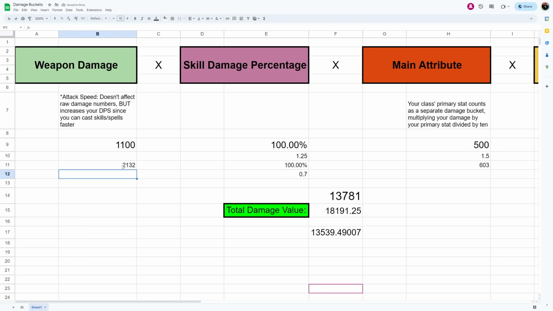I was looking at a 1.1, so it would actually probably be 2232, something like that, right? To 2032. So about 2,000 more damage. But again, you can see that this is a huge increase in the amount of potential damage that your character can do based off of the DPS of the weapon you're looking at. So make sure you're getting that massive total damage value increase from maximizing your DPS on your weapon.